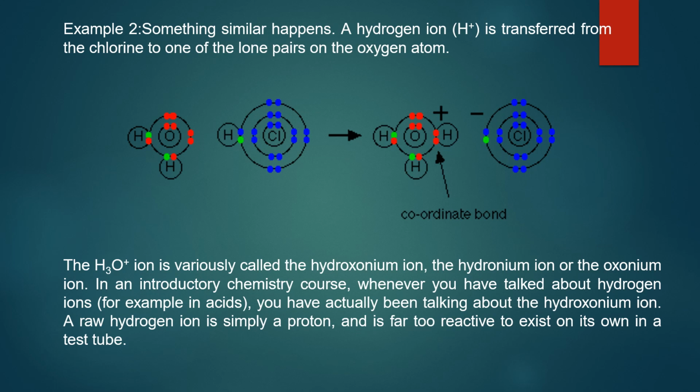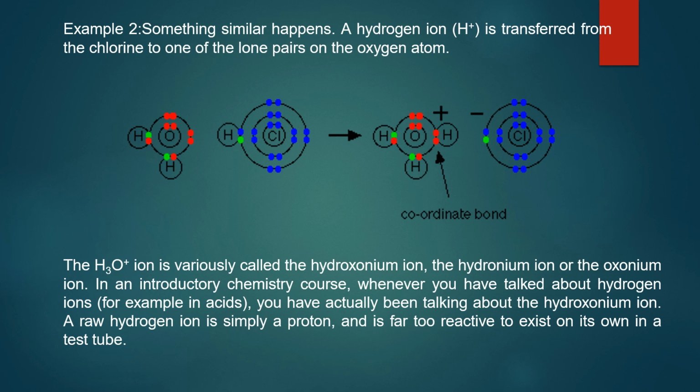The H3O plus ion is variously called the hydroxonium ion, hydronium ion or oxonium ion. In an introductory chemistry course, whenever you have talked about hydrogen ions, for example in acids, you have actually been talking about the hydroxonium ion. H2O reacts with HCl to form H3O plus and Cl minus ions.